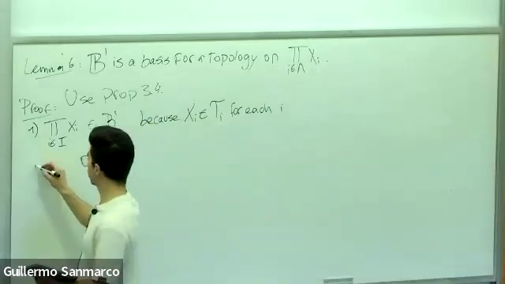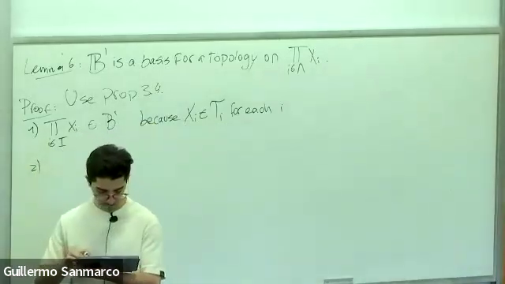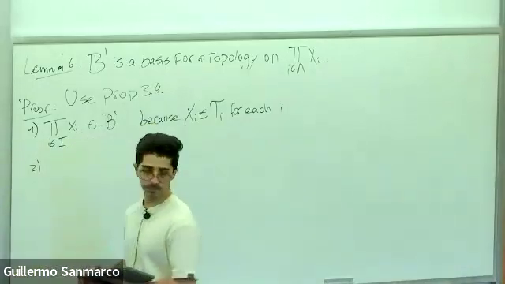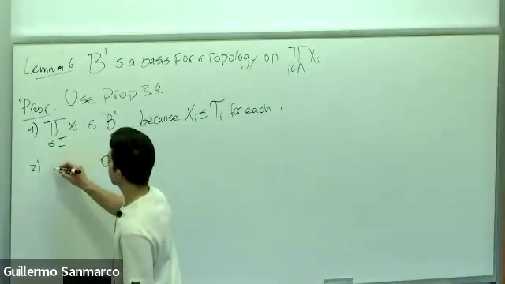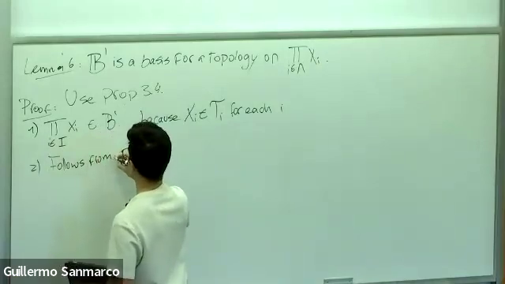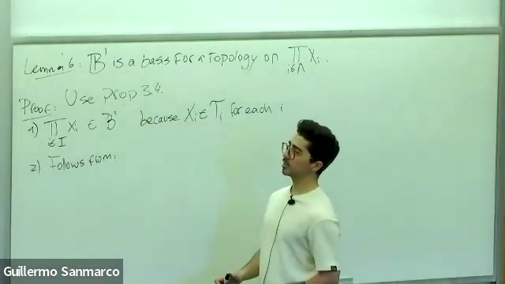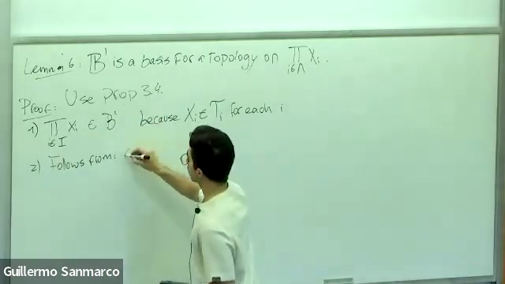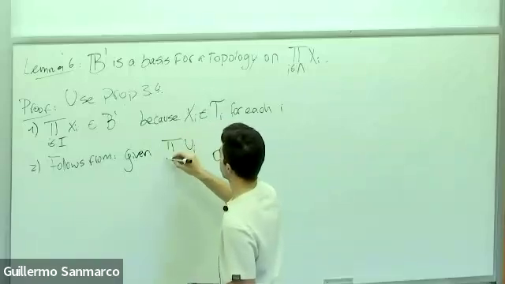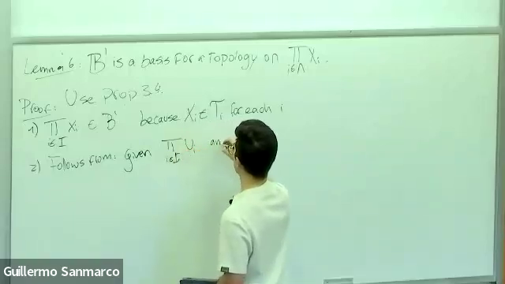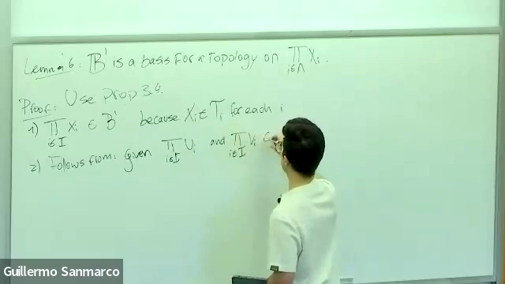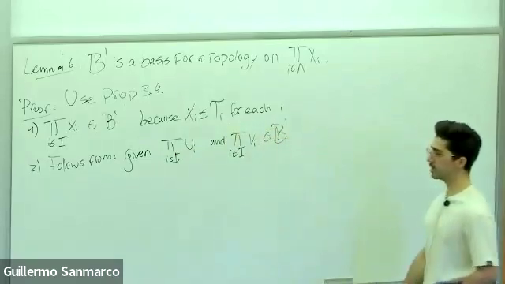And the second one, yeah, sorry, I don't have time, but what I will say is this follows from the following. What we need to do is take two elements in B, given a product of Ui and a product of Bi in B prime, in the box basis.